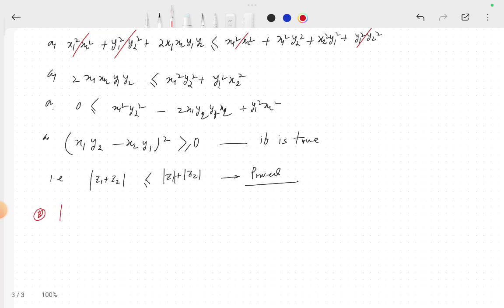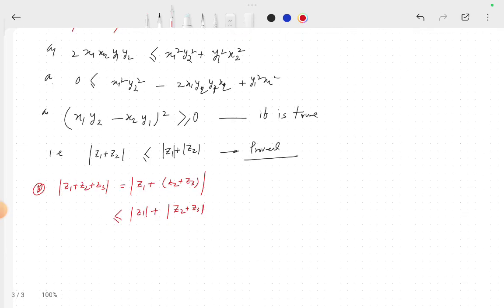So question B is nothing but z1 plus z2 plus z3. We can write it like this: mod of z1 plus z2 plus z3 is less than or equal to mod of z1 plus mod of z2 plus z3.